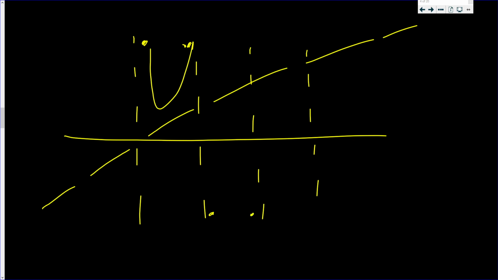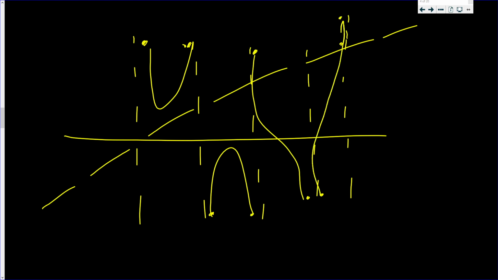If they're both down here, you just go like this. If one's up here and one's down here, you just do like that. If one's down here and one's up here, let me draw a little higher, you just do that. Get closer and closer to the dotted line.